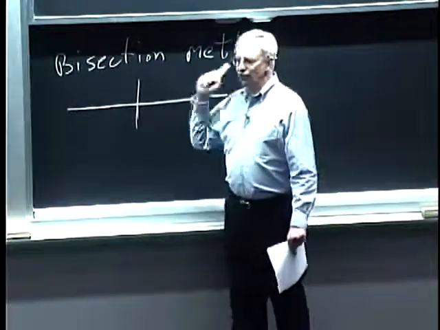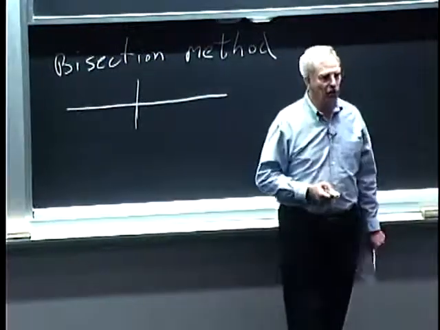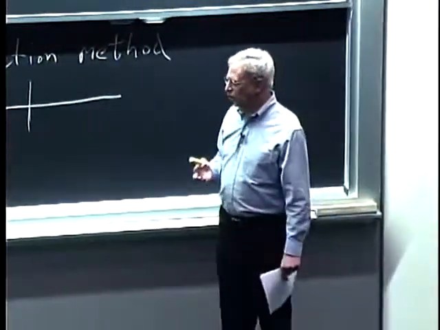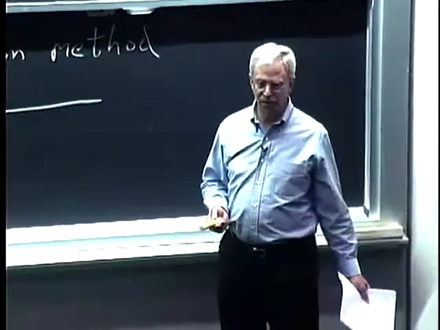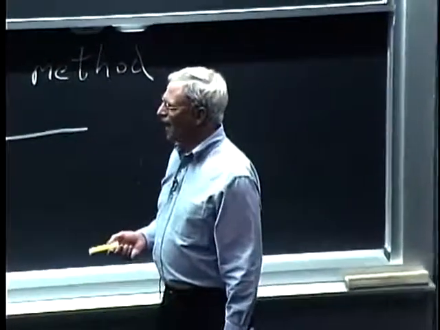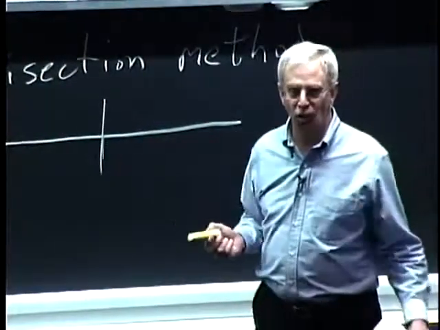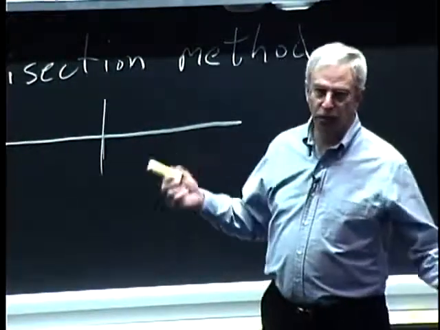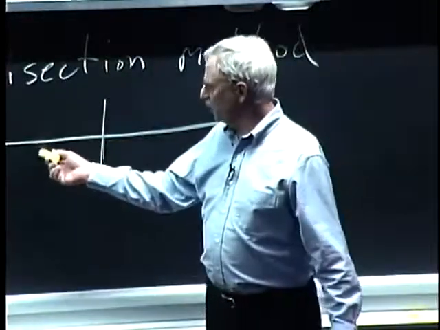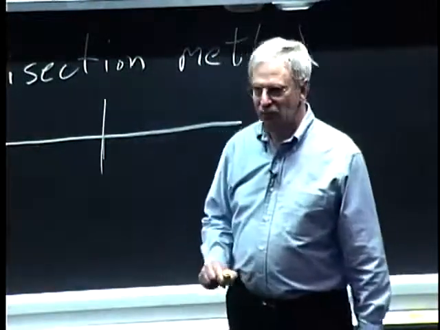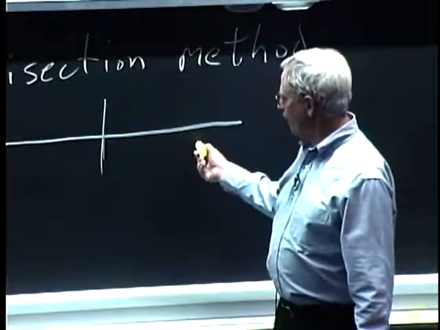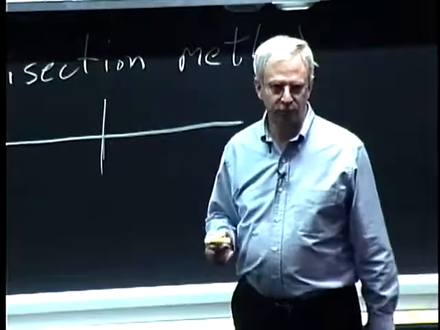So if I guess that 89.12 is the square root of a number, and it turns out not to be, I have a way of saying, is 89.12 too big or too small? If it was too big, then I know I better guess some number over here. If it was too small, then I better guess some number over here.